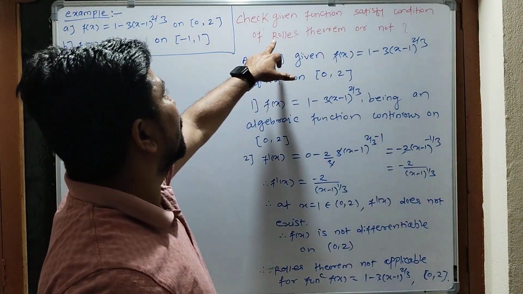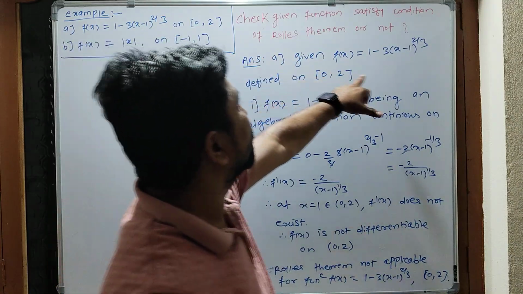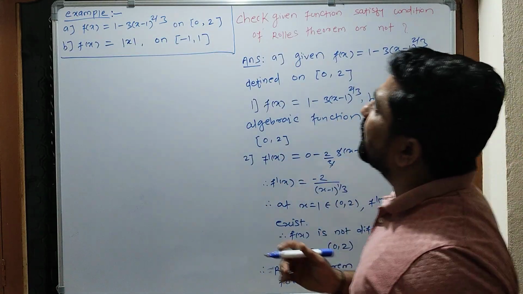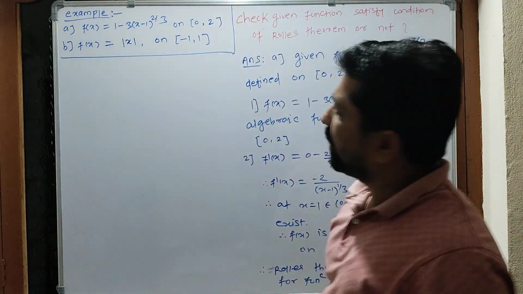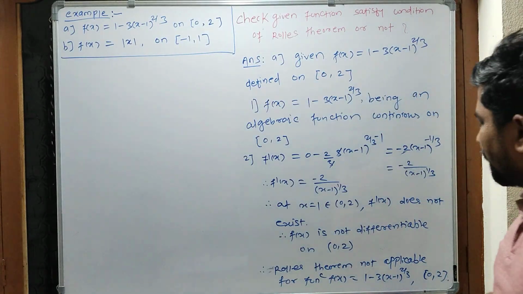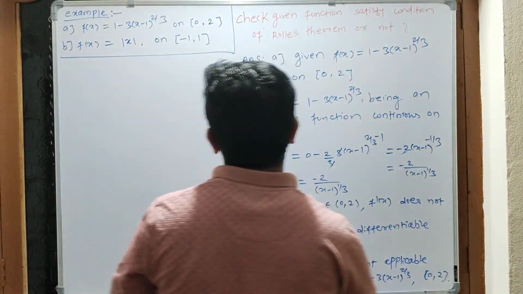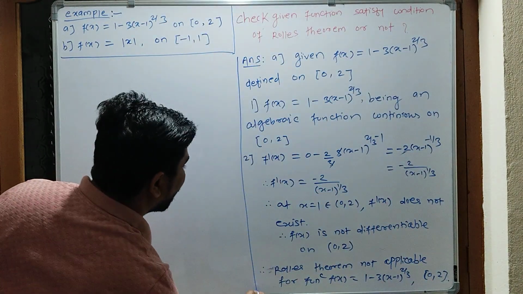So this function does not verify Rolle's theorem. Now we have to check the given function 2.